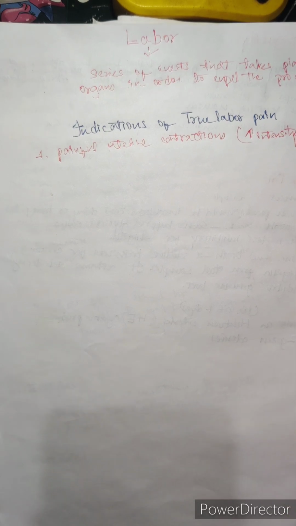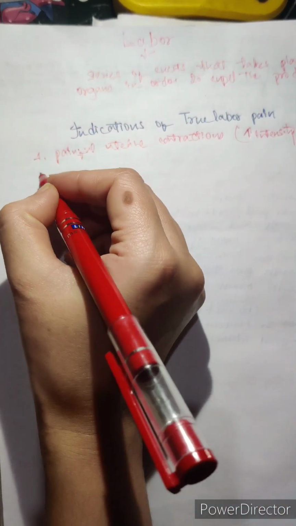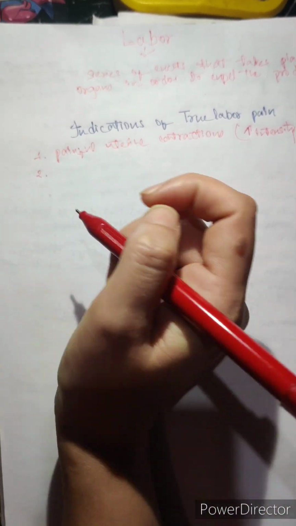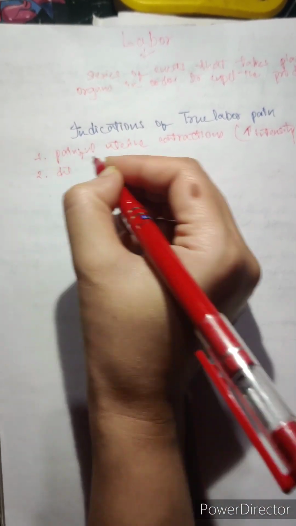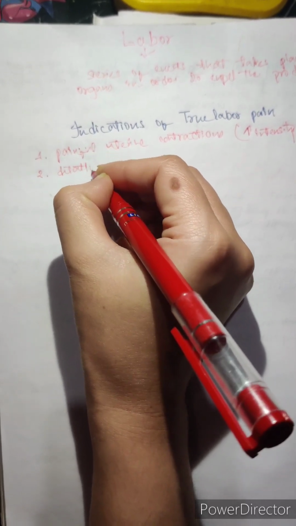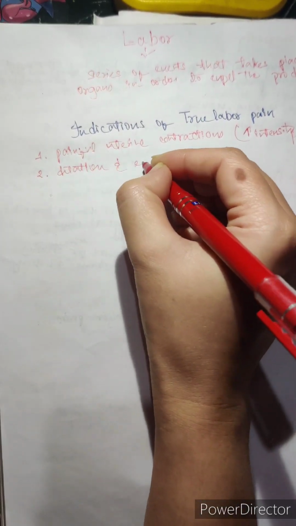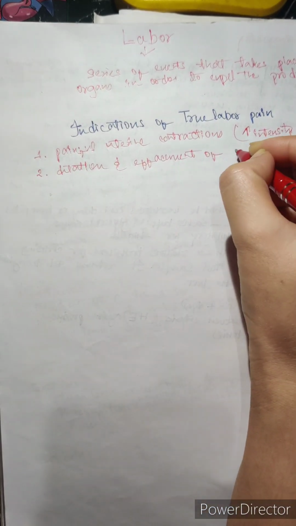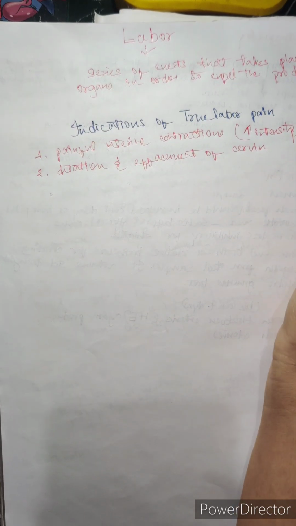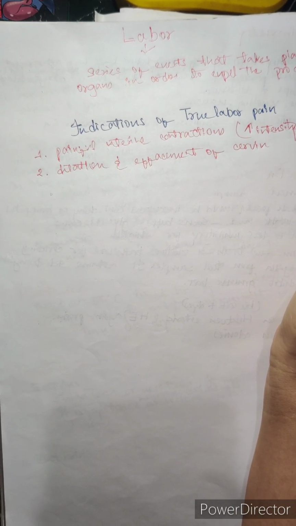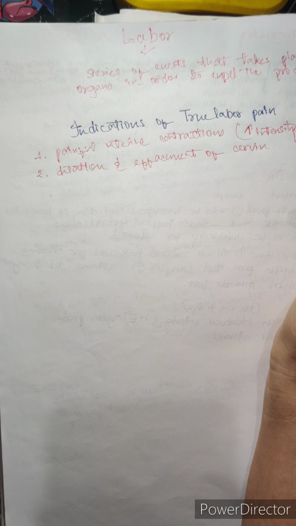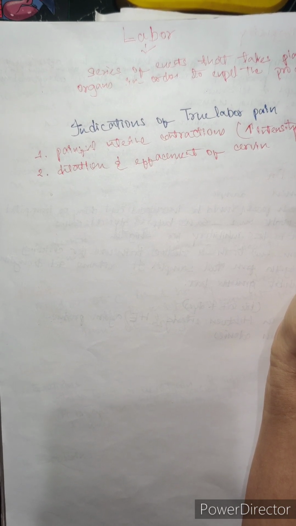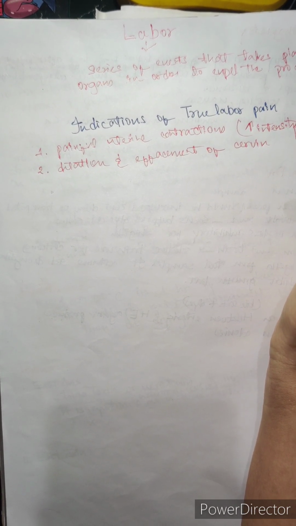The first one is painful uterine contractions, and the second is the dilatation and effacement of cervix. Along with the uterine contractions there will be simultaneous dilatation and effacement of cervix.